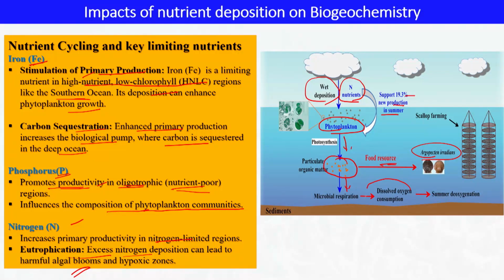This will consume dissolved oxygen, and then you have summer deoxygenation. So again, lots of inbuilt processes and mechanisms will be there. With the deposition there will be feedback mechanisms, but I am not going to discuss the feedback mechanisms in much detail.